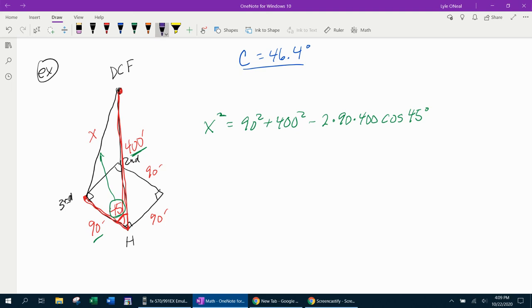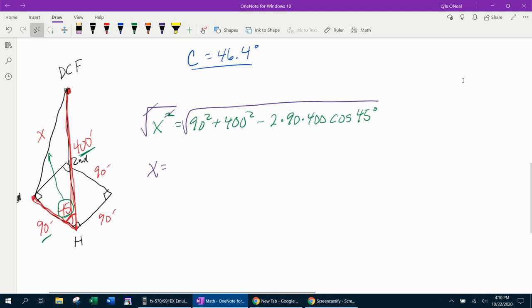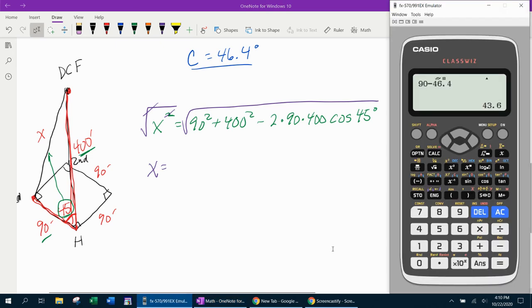Now the next step, of course, I've got to get rid of the squared. So I need to take the square root of both sides. And that's going to come down to button pushing. Here we go. So we're going to have the square root of 90 squared plus 400 squared minus 2 times 90 times 400 times cosine.